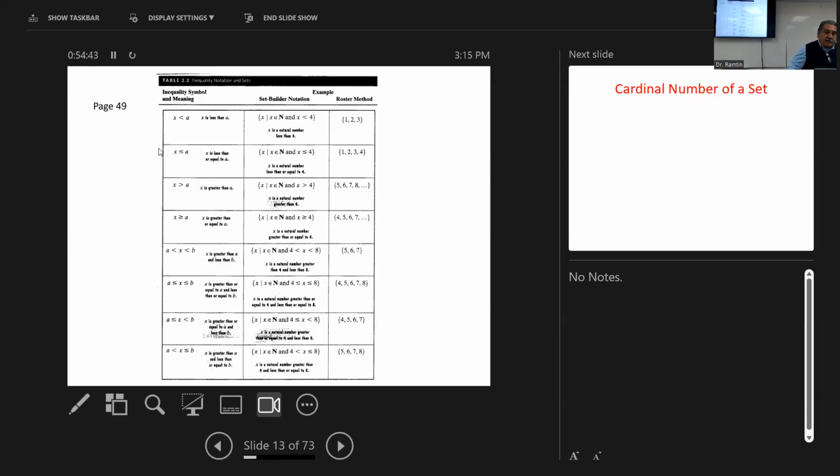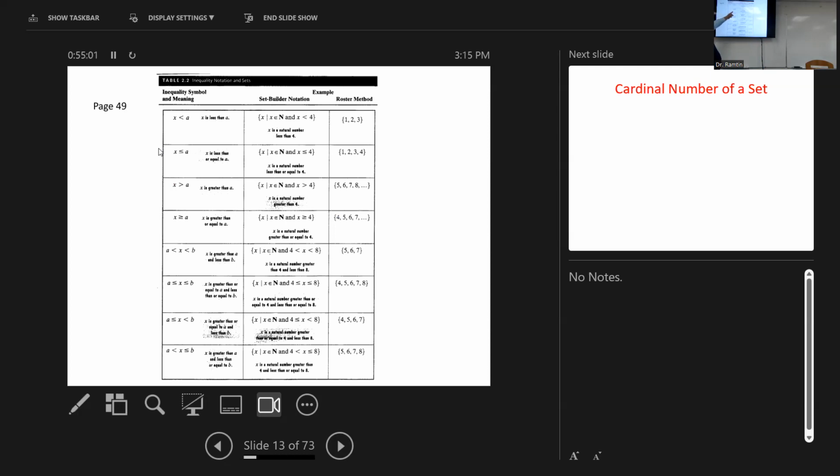Here, I hope you can see that. For example, the first one says x is less than a. You know that's a sign for being less than.